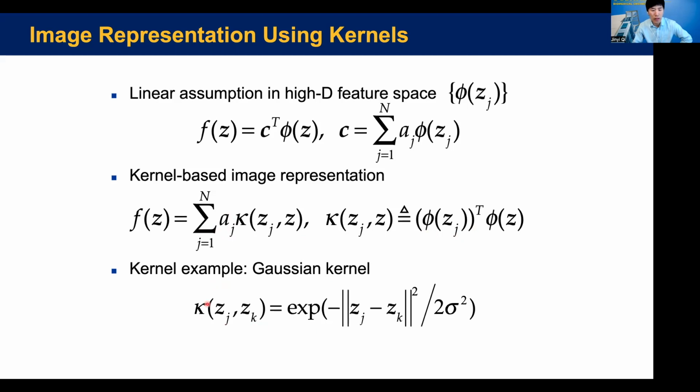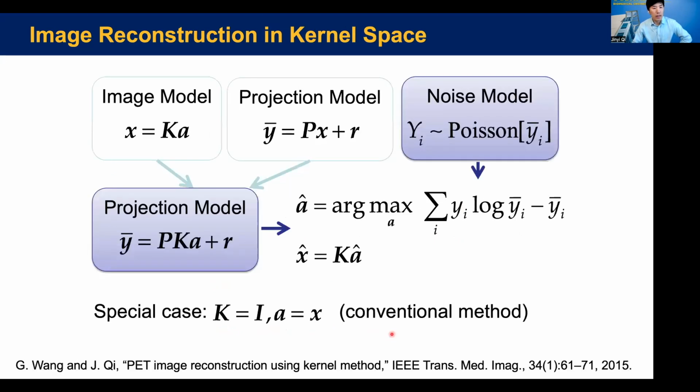The kernel matrix computation is fairly straightforward once we determine the attribute vectors, and just put them into this Gaussian function. The advantage of using this kernel representation is we can combine it directly with the image model of PET, so that we still have a linear model in this imaging system.